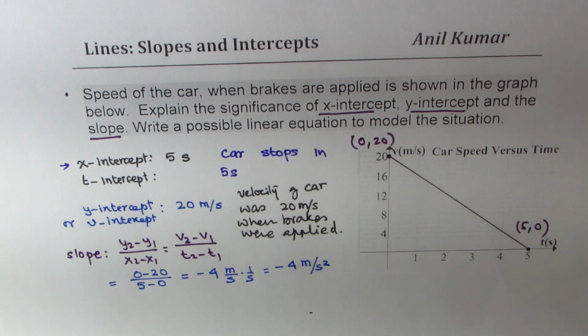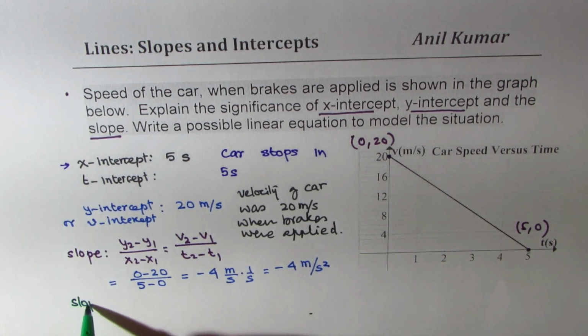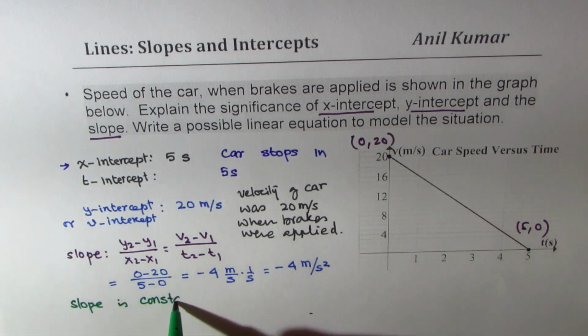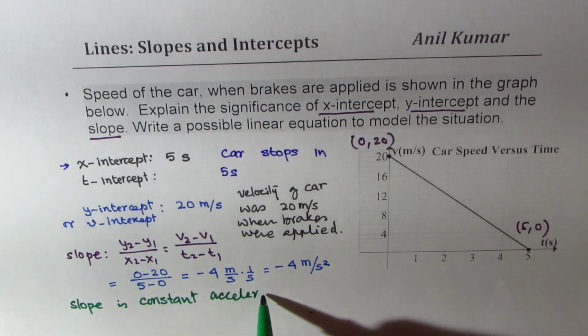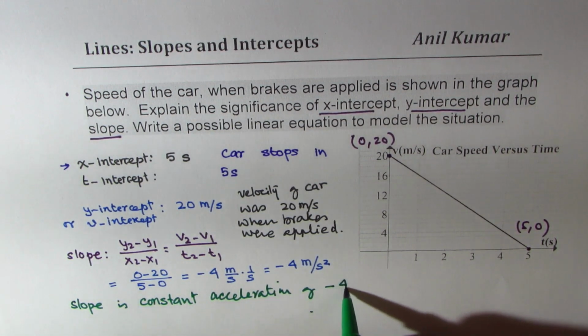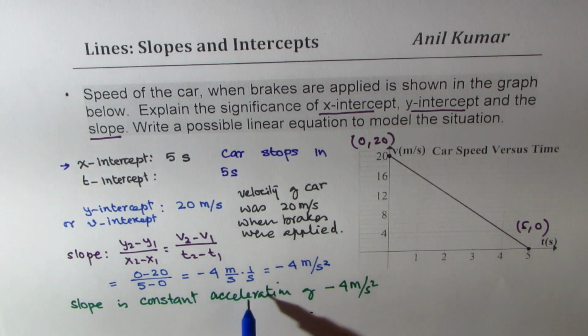So what we get here as an interpretation is the slope here is constant acceleration of negative 4 meters per second squared, right? So we also call it deceleration, right?